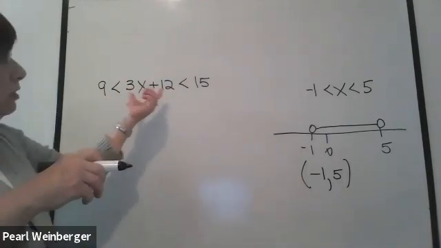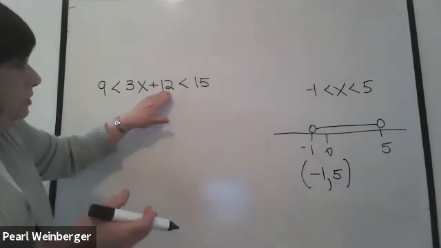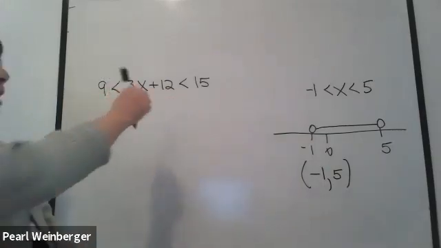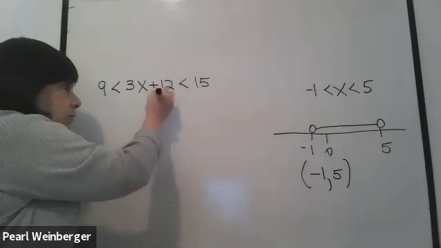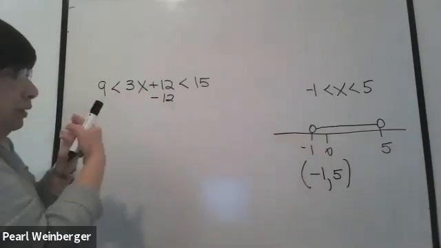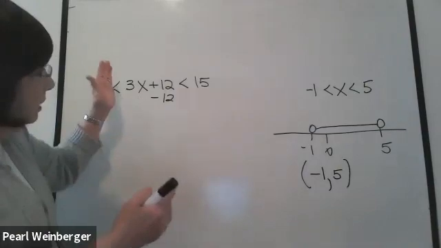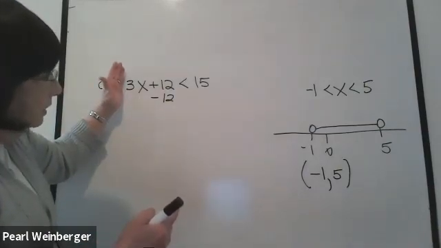And just like the first thing, if I would see a 3x plus 12 in an equation, the first thing I'd want to do is get the 12 out of there. So if this is a plus 12, how do I get rid of the 12? I'll have to subtract 12. Now keep in mind, I'm subtracting 12 in the middle, but what am I doing? I'm really doing two problems at once. I'm doing this problem, 3x plus 12 is less than 15.